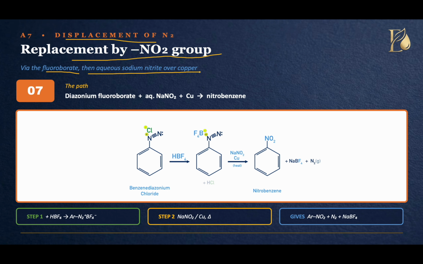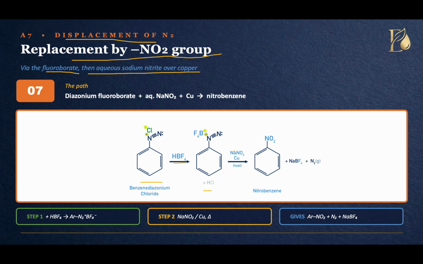This reaction typically involves formation of a diazonium fluoroborate intermediate, followed by treatment with aqueous sodium nitrite in the presence of copper. First, look at benzene diazonium chloride, Ar-N2Cl. We treat it with HBF4, fluoroboric acid, so that we get the diazonium fluoroborate. Here the Cl is replaced by BF4, fluoroborate, and HCl is also produced.